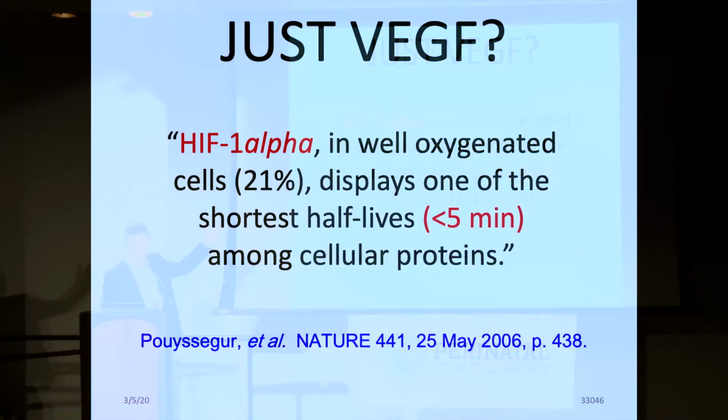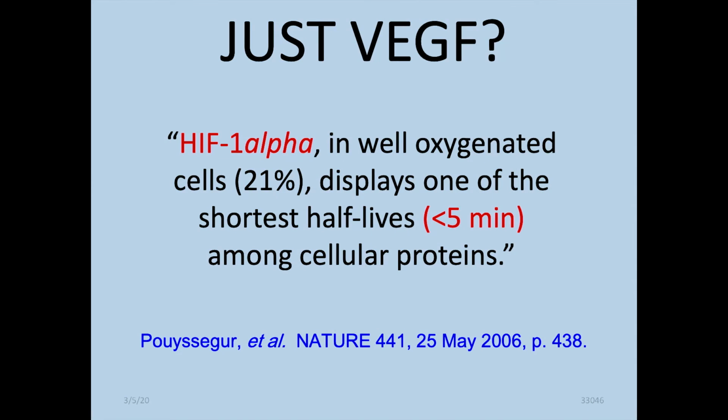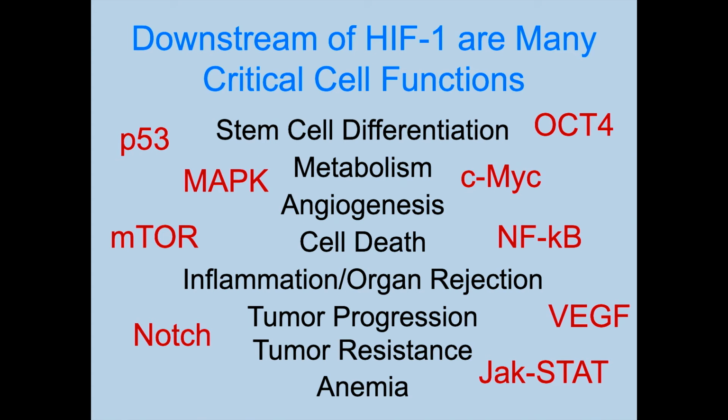So, for many years, this was just kind of considered to be a VEGF and some of its cousins situation. And this extremely labile nature of this transcription factor was widely discovered and known. But what's happened recently is now there's a whole bunch of other phenotypic factors that are just woven throughout all aspects of cell metabolism and cell functions.